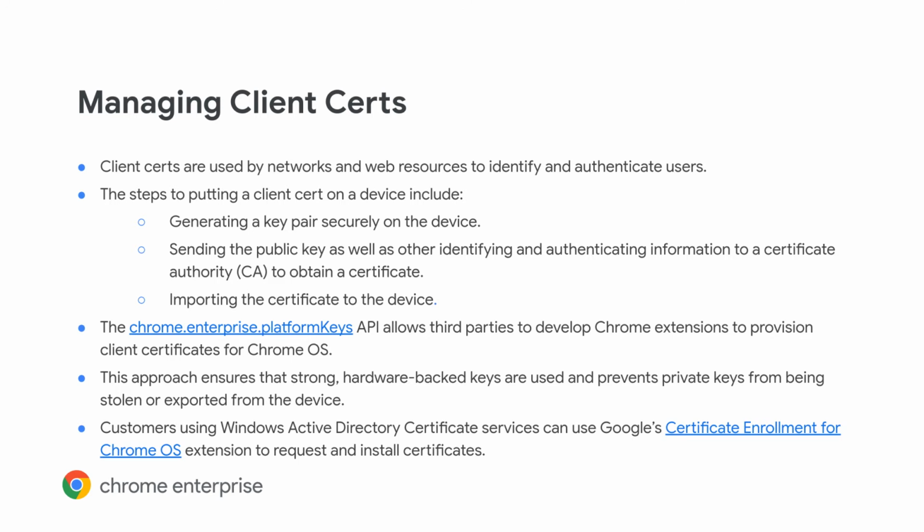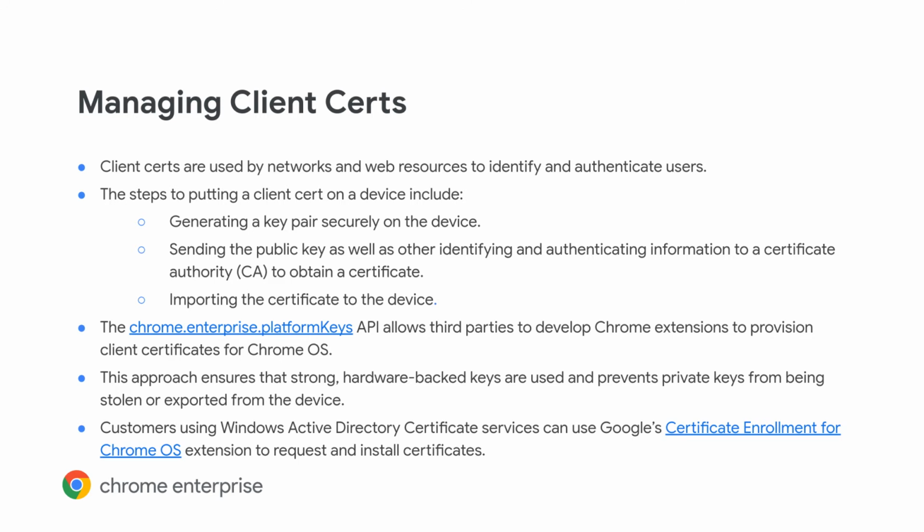So on to managing client certs. While server certs are for authenticating servers to users and to clients, the client certs are used by the network and by web resources such as VPN servers or RADIUS servers sitting behind your Wi-Fi to identify and authenticate users.